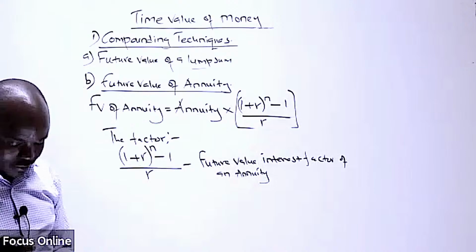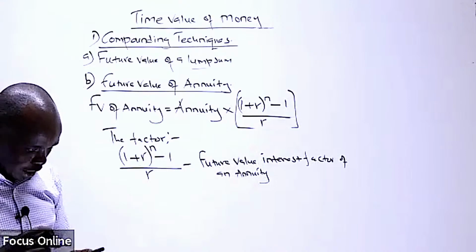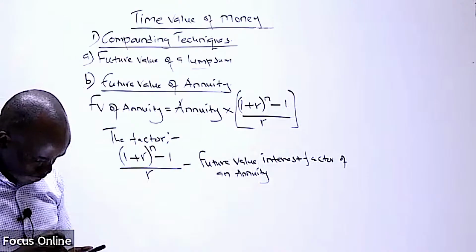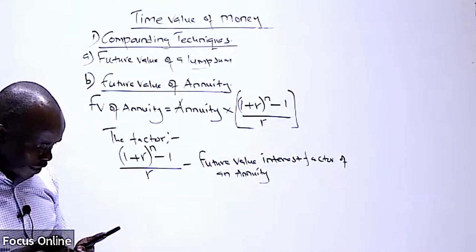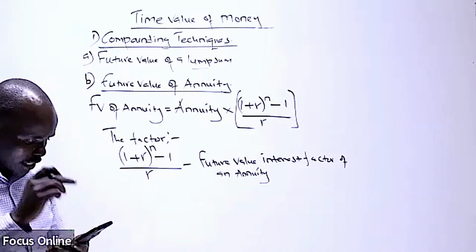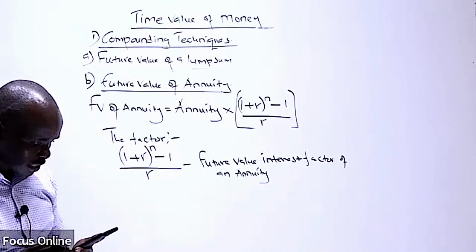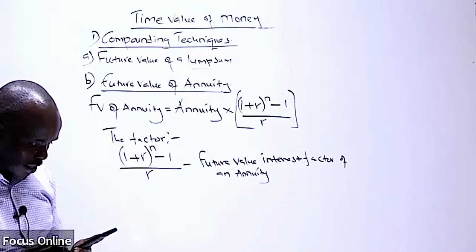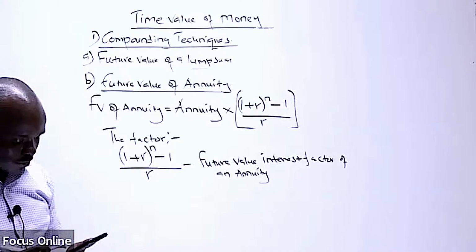Let's have an illustration. There is an example: what is the value of shillings 100,000 investment annually at the beginning of each of the next 5 years at an interest of 12%?